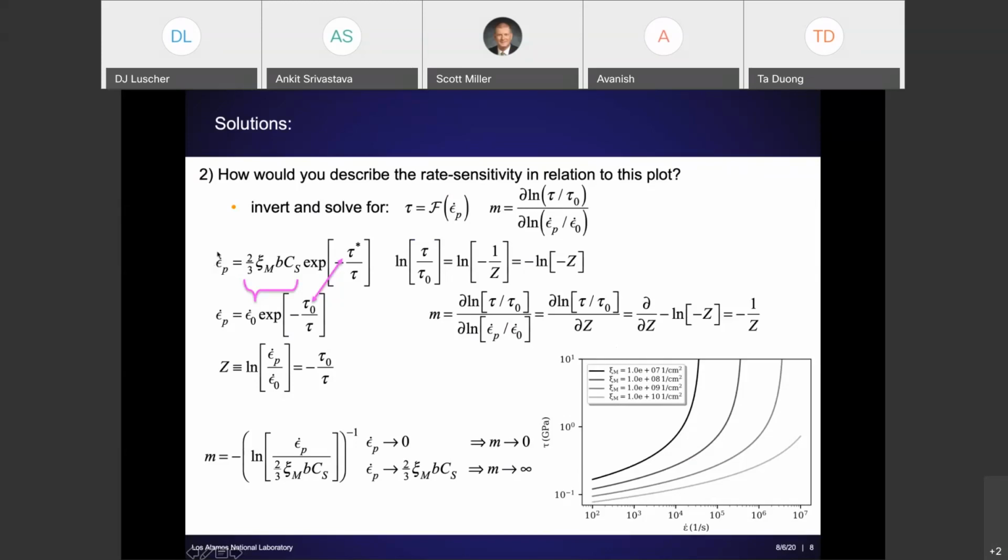So we have the plastic strain rate, epsilon dot p, is equal to 2/3 times the dislocation density times the Burgers vector magnitude times the dislocation velocity, which is given by this expression because that's our dislocation velocity model.